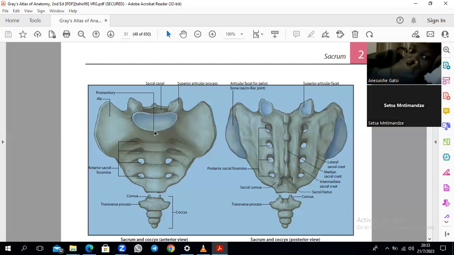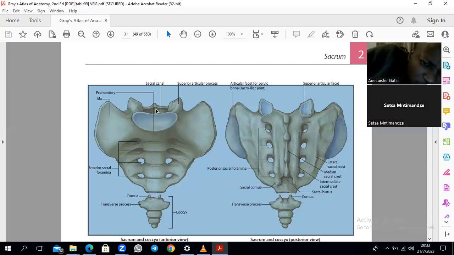Then this upper part of S1 articulates with L5. And remember, all the other vertebrae have a vertebral canal. So in the case of the sacrum, there is a sacral canal there. Just that we don't have the spinal cord here, because the spinal cord ends at the level of the intervertebral disc L1, L2.